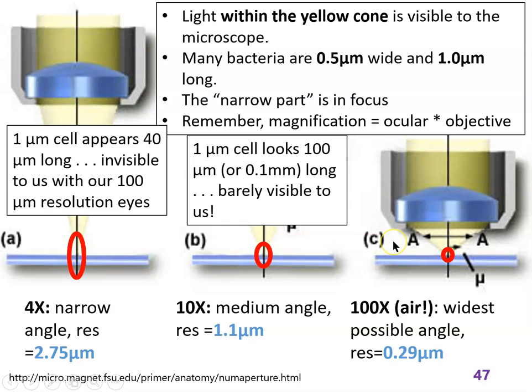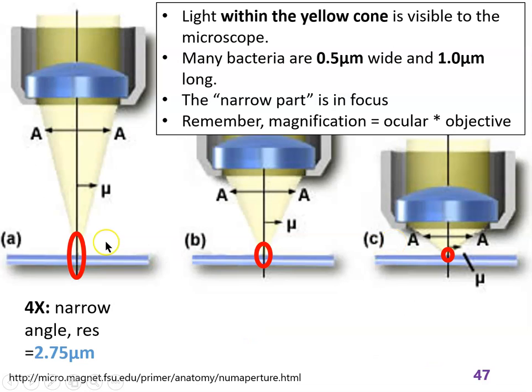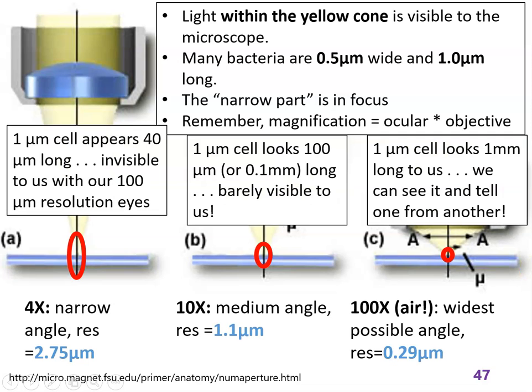Notice, if I go back, how sharp this angle is compared to this angle. The 100x objective has to be very close to the sample, and so it looks at light at this very wide angle. And it can give us overall 1,000 times magnification.